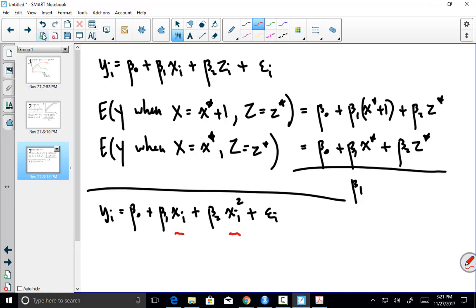So you can't isolate beta 1 as a simple difference in expected values like you could with the other models. Once you allow for more nonlinear relationships in a model, the interpretation of the model coefficients becomes more complicated.